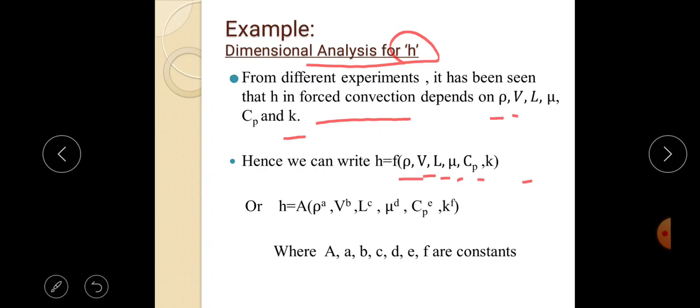In the exponential form, it will be h equals A, a dimensionless constant, times rho raised to a, V raised to b, L raised to c, mu raised to d, Cp raised to e, and k raised to f, where a, b, c, d, e, f are dimensionless constants.